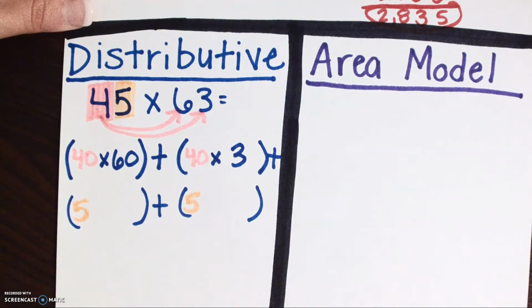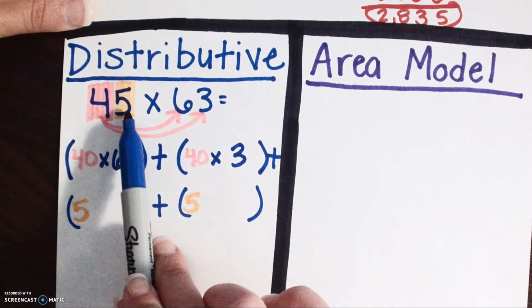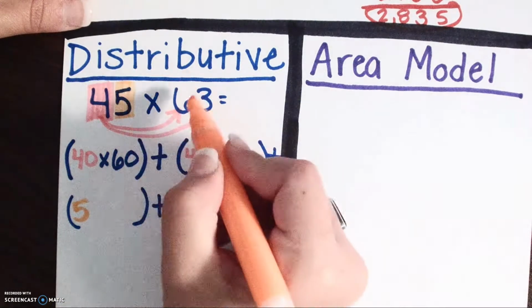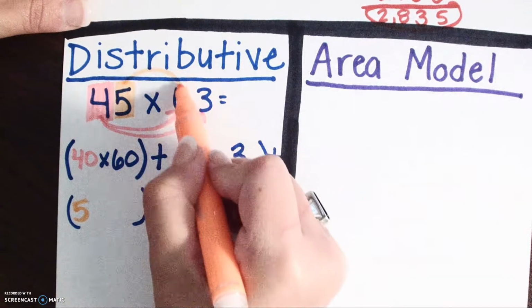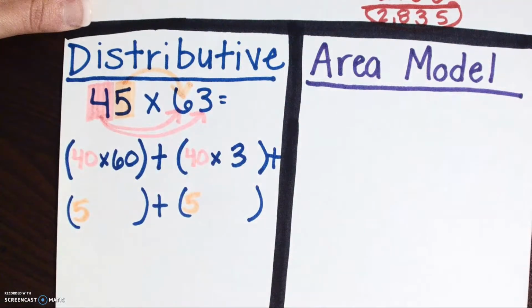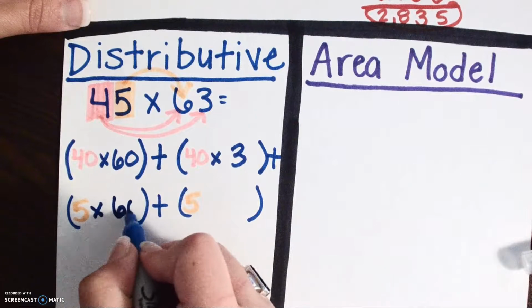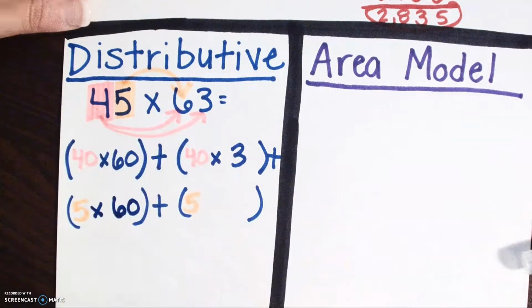Now, guess what I'm going to do, guys? I'm going to do the same thing to the 5 that I did to my 4. I'm going to take my 5, and I'm just going to go up this time. I'm going to take my 5 to the 6. All right, so I have 5 times 60 because the 6 is in the tens place.